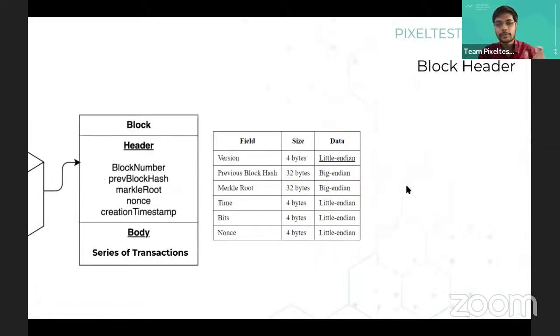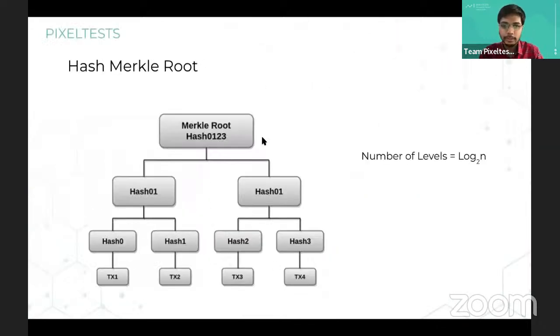The reason for hashing in this format is that if there is any small change in a transaction, say transaction 3 was tampered with, the hash of that transaction will change, the combined hash will change, and the Merkle root will not match the one mentioned in the block header.